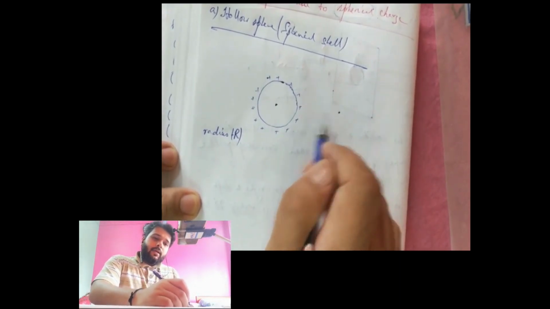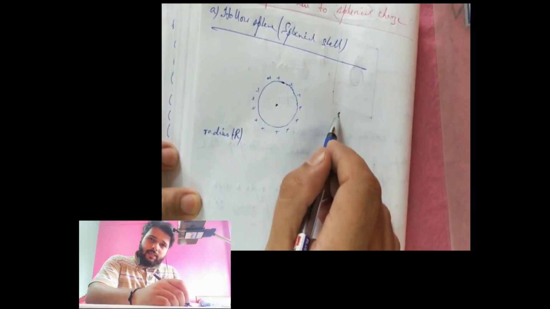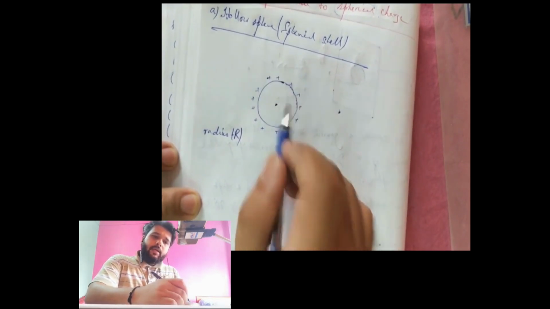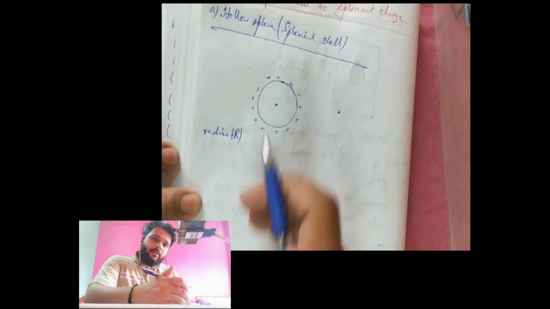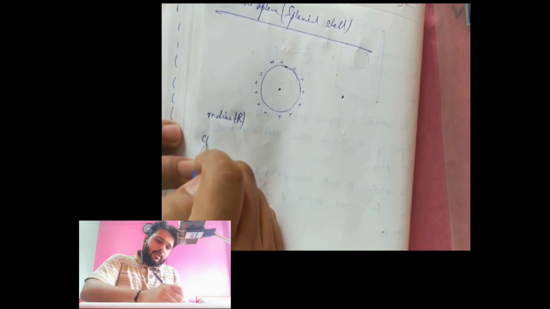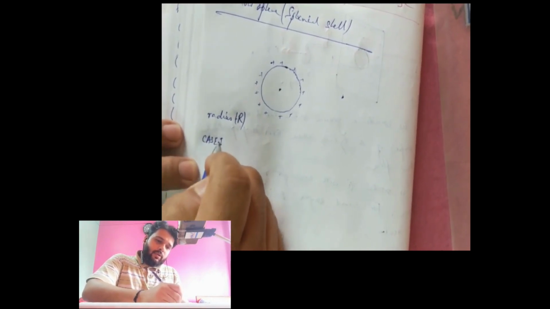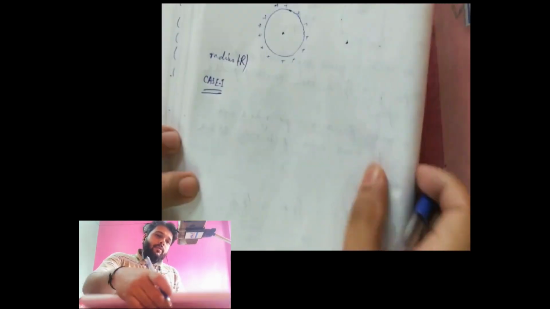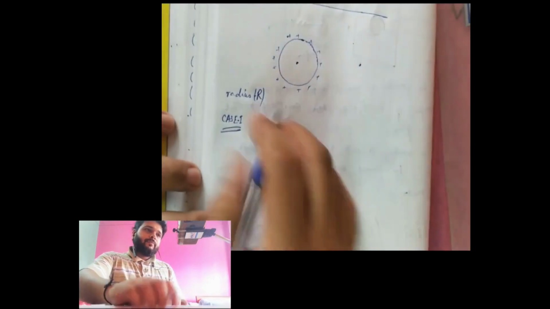We can find the electric field outside the sphere, on the surface, as well as inside the sphere. So I can write this into three cases. The first case will be outside the sphere, second one on the surface, and third one inside the sphere.